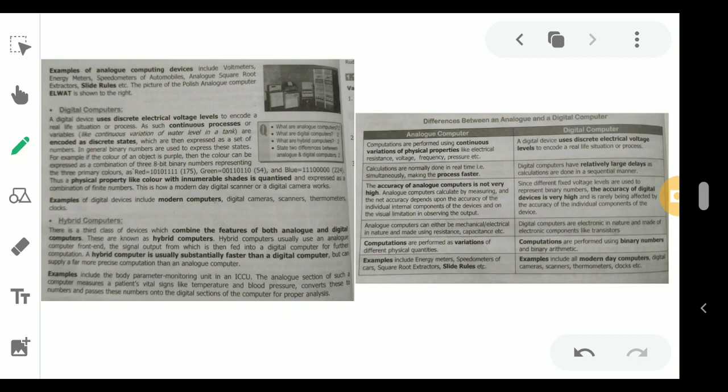Now the third point, the accuracy of analog computers is not very high. Analog computers calculate by measuring, and net accuracy depends upon the accuracy of the individual internal components of the devices and the visual limitation in observation of the output. If any component is not appropriate, it will not give you an appropriate value.